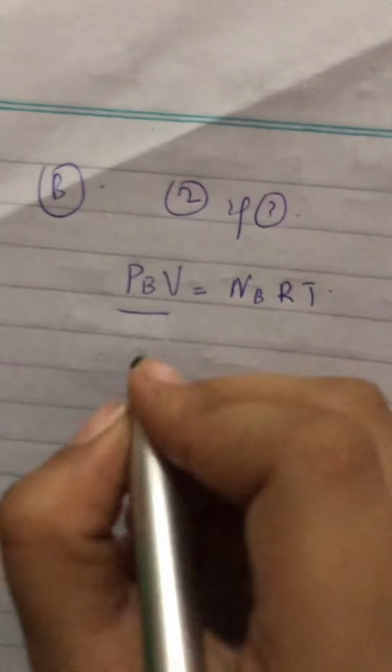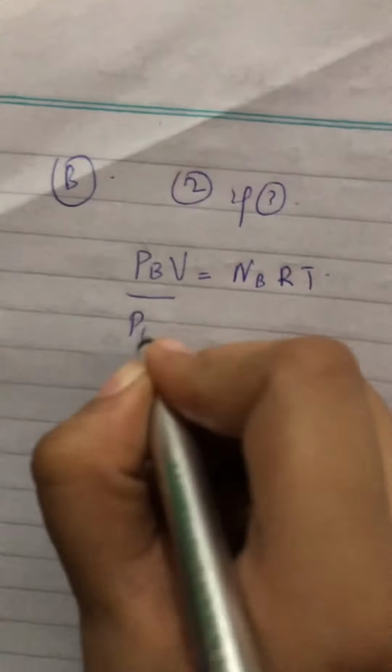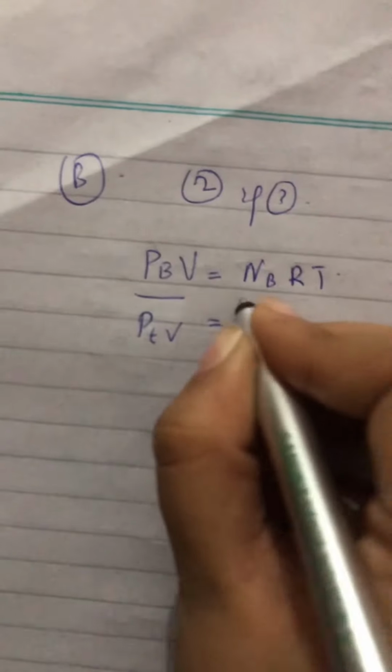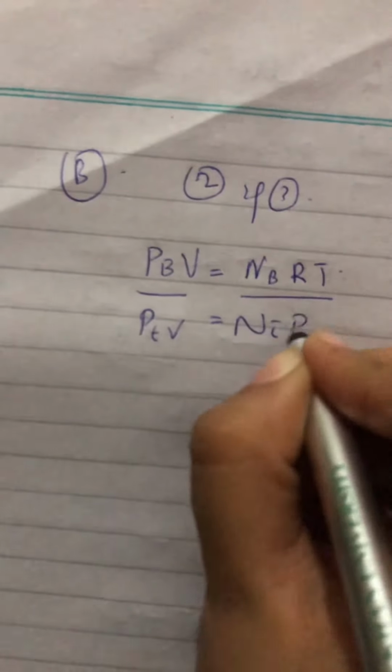Now if we want to find gas B, we divide equation number 2 by equation number 3. What is equation number 2? PBV equals nBRT, upon, what was equation number 3? That was PTV equals nTRT.